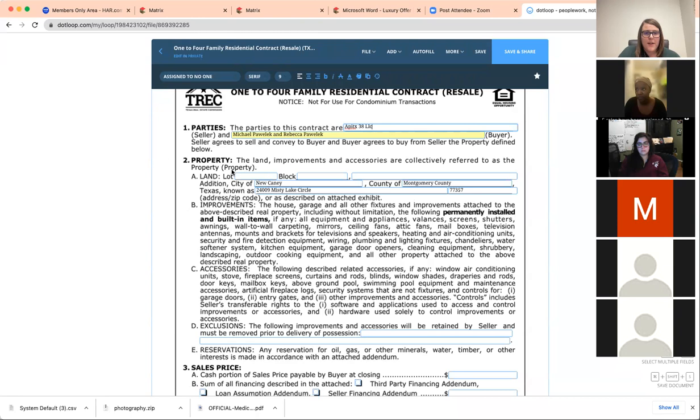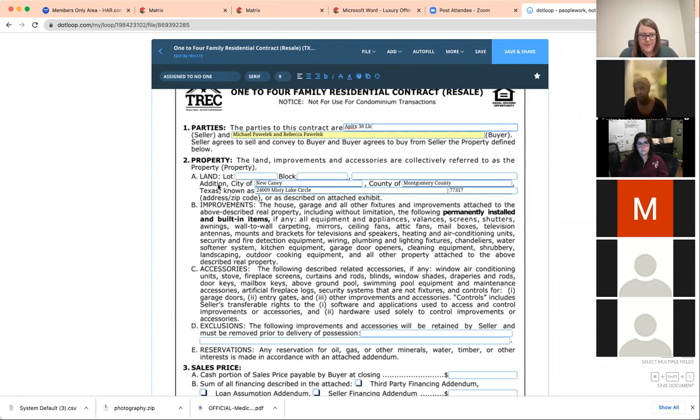So the second part is the property. So recently we're having a situation around this. So just to note that it's very important to make sure that this section is correct, because this is what the contract is conveying.